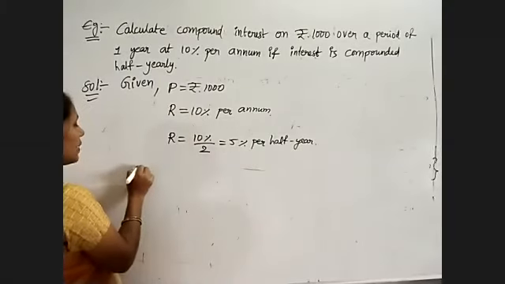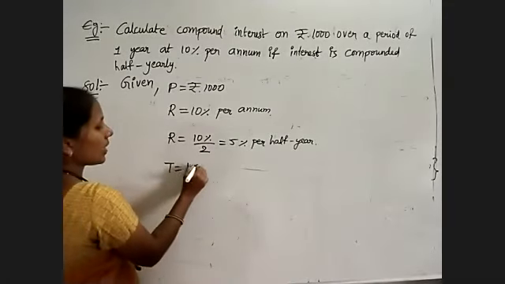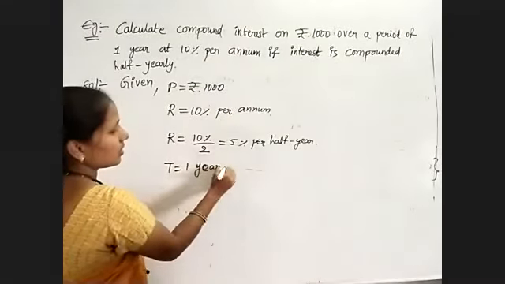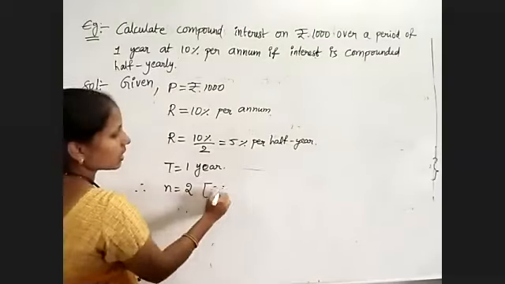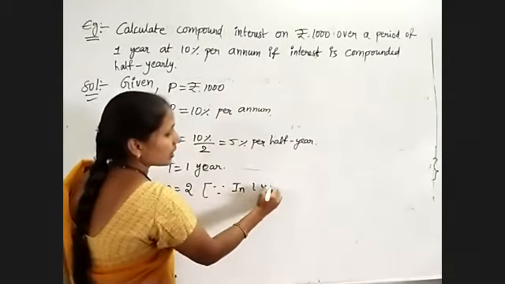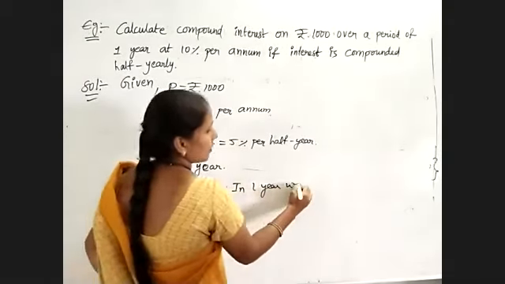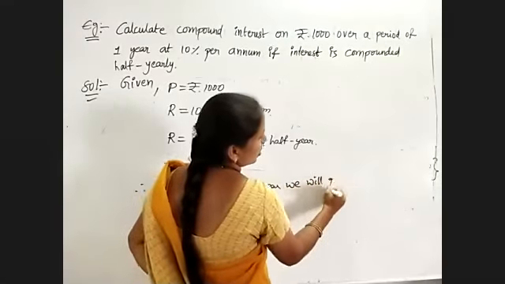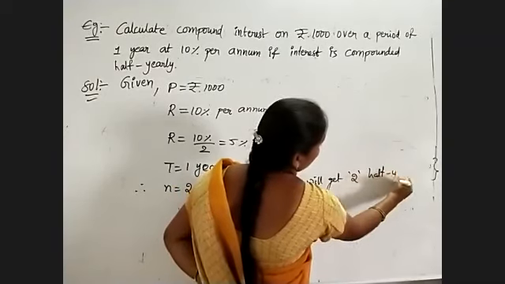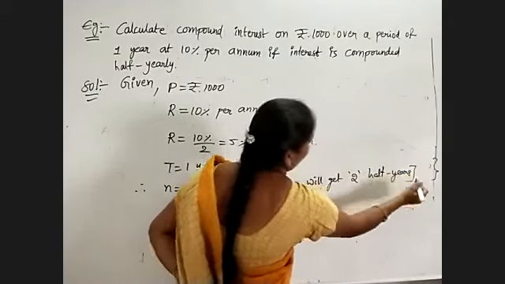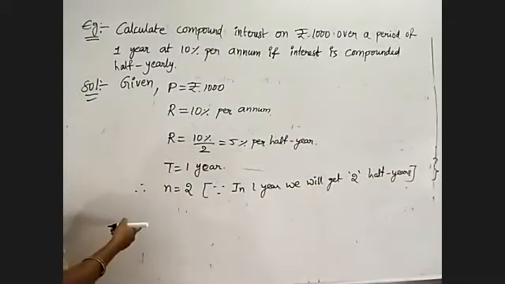Next, given timing t is equal to 1 year. Therefore, n will be equal to 2, since in 1 year we will get 2 half years. That's all, n equal to 2.